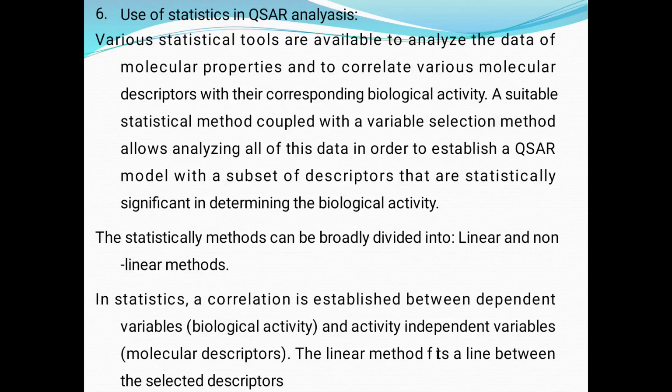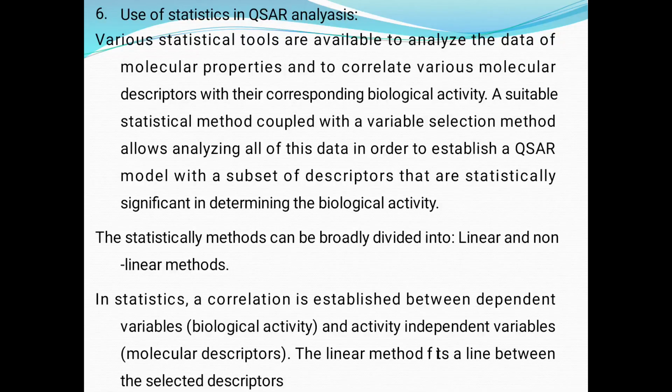Then, use of statistics in QSAR. Various statistical tools are available to analyze the data of molecules and to correlate molecular structure or molecular descriptors with their corresponding biological activity. A suitable statistical method coupled with a variable selection method allows analyzing all the data to establish a QSAR model with a subset of descriptors that are statistically significant in determining the biological activity.